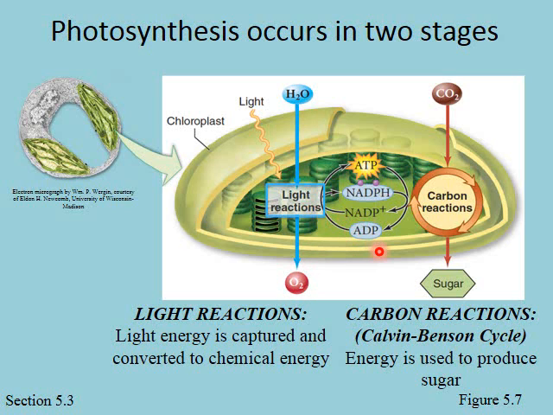Then you've got the carbon reactions over here, and this is where carbon dioxide is being brought into the cell. The carbon dioxide is being broken down, utilizing the carbons, the oxygens, and the hydrogens over here from the water to create a sugar, also with the help of the ATP that is being broken down over here.